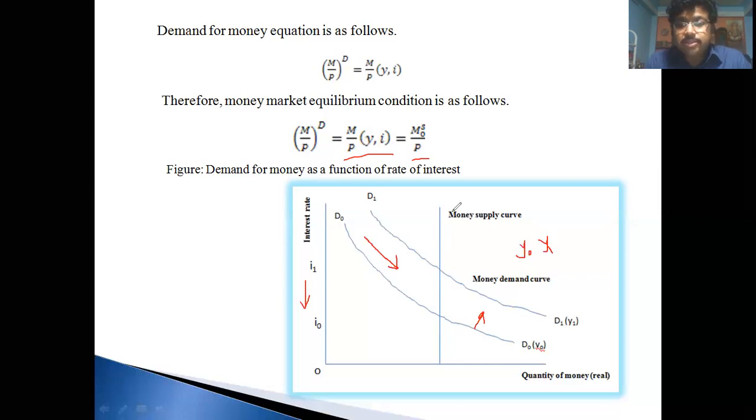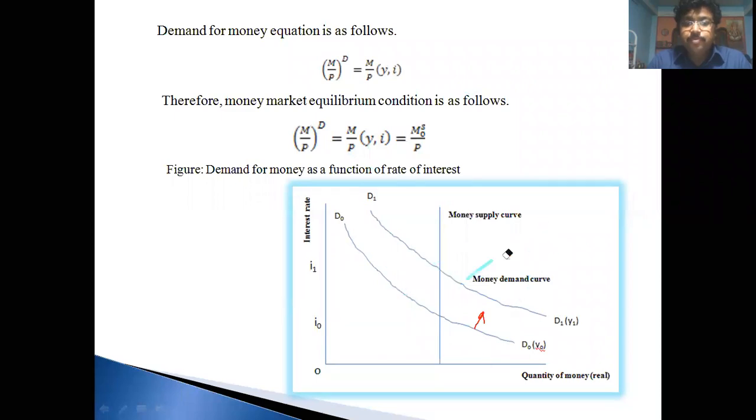But look at this money supply curve: it is a vertical line because it is exogenously determined. It does not depend on the interest rate. So this is the money demand curve.